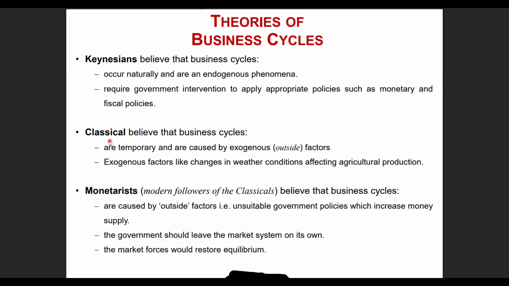The classicals believe that these business cycles are caused by outside factors such as weather conditions, the pandemic, natural disasters, and so on. And the monetarists also believe that the fluctuations are caused by outside factors, and that the government should not intervene, but should let the market forces restore the market back to equilibrium.